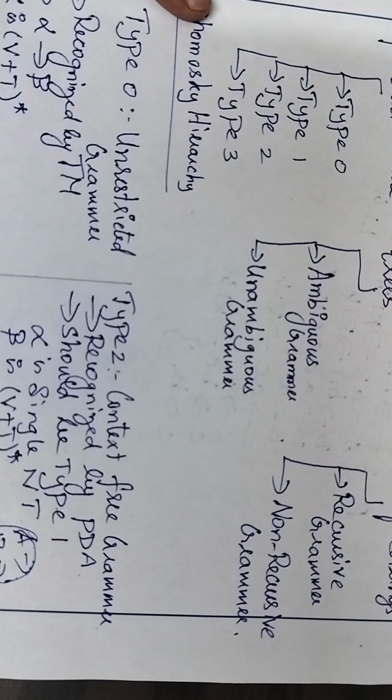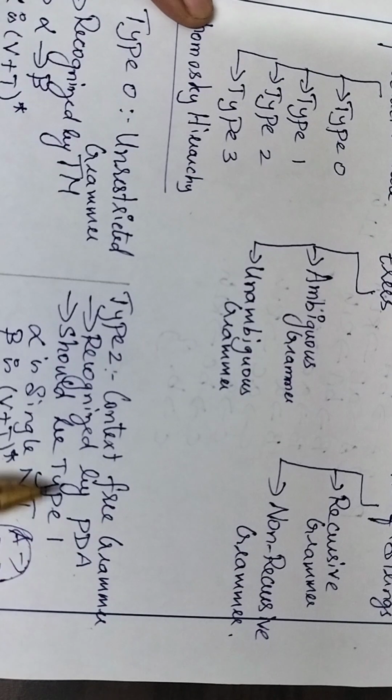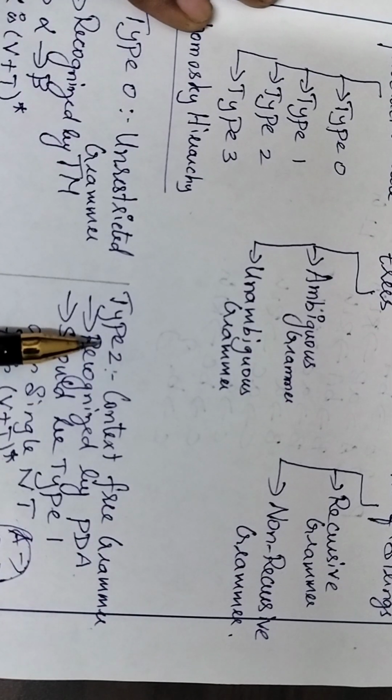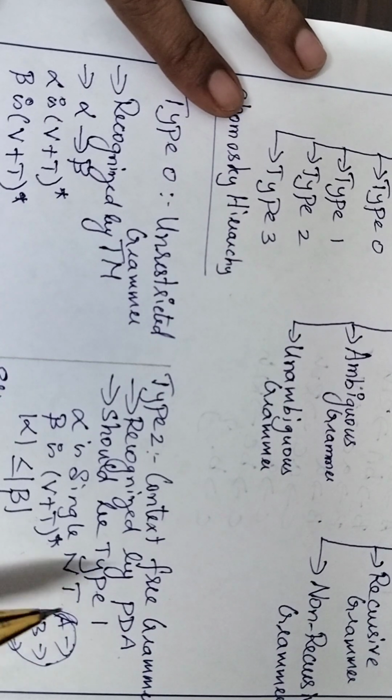When you come to type 2, which is context-free grammar, it can be recognized by the PDA, that is pushdown automata. If the production rule should be of type 2, then it should be of type 1, and only then can it be of type 2.